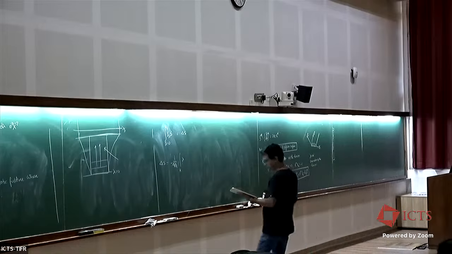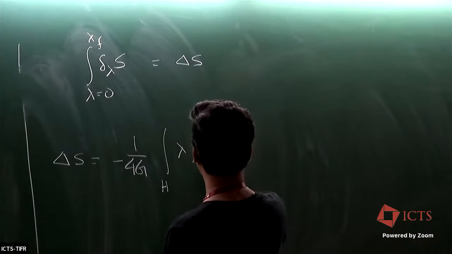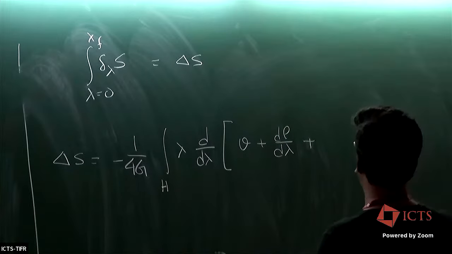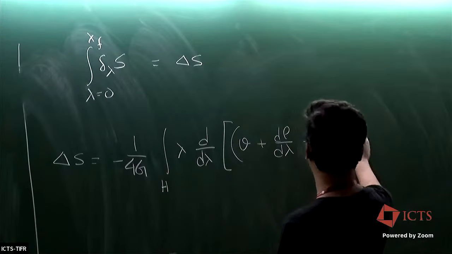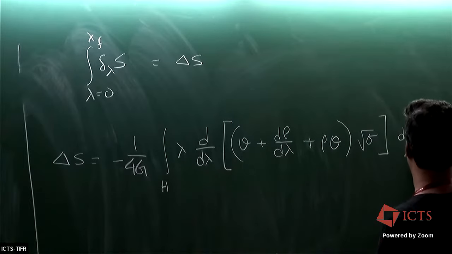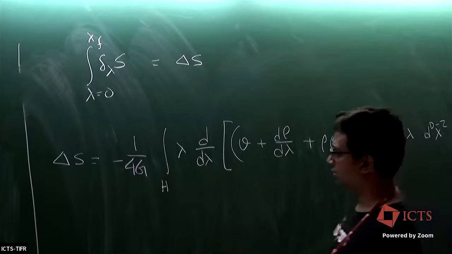Okay, let's go ahead. So therefore, I have this object, lambda d/d lambda. Can you tell me what is inside: theta plus d rho d lambda plus rho theta? And then I have square root of sigma d lambda d^(d-2)x. So let's take the derivative inside.